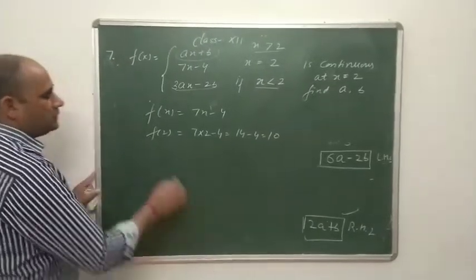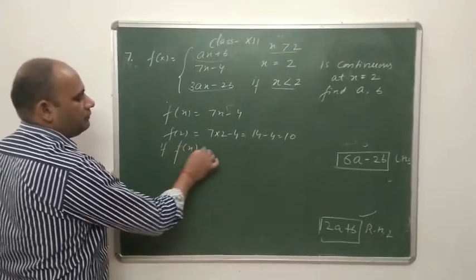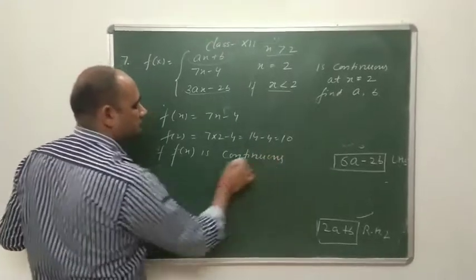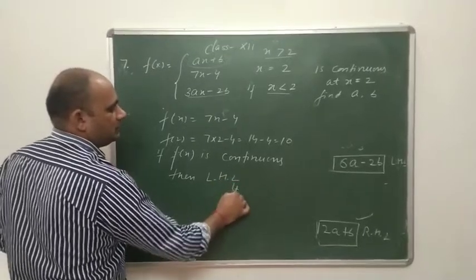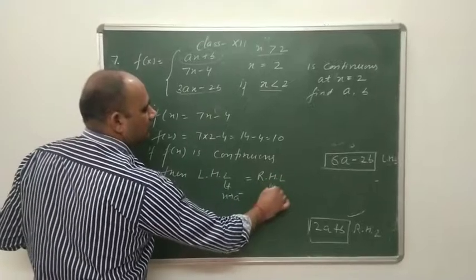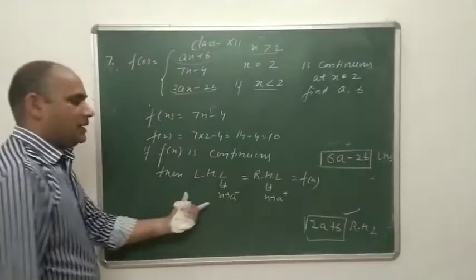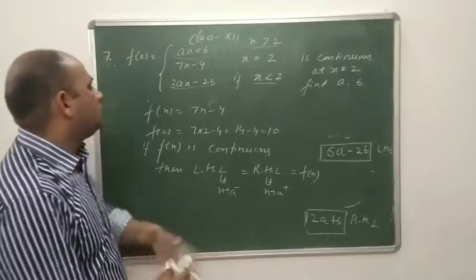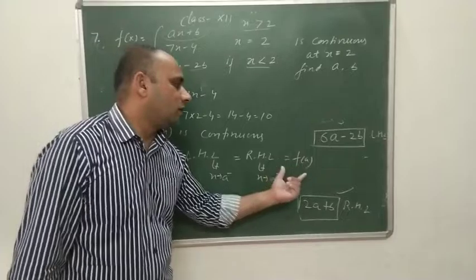So now we know that if f(x) is continuous, then left hand limit x tends to a minus equal to right hand limit x tends to a plus equal to f(a). By the same condition, listen again, if the function is continuous, then left hand limit equal to right hand limit equal to f(a).